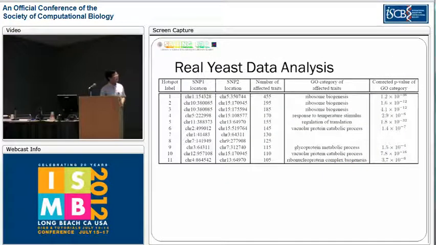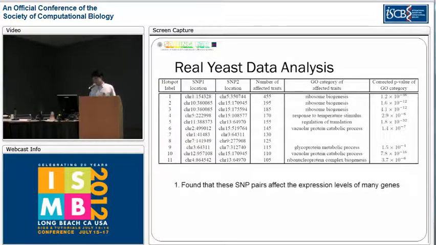And also, we applied our model to Yeast eQTL data. These are the hotspots that we found for SNP-SNP interactions. First, we found that these SNP pairs affect the gene expression levels of many genes.